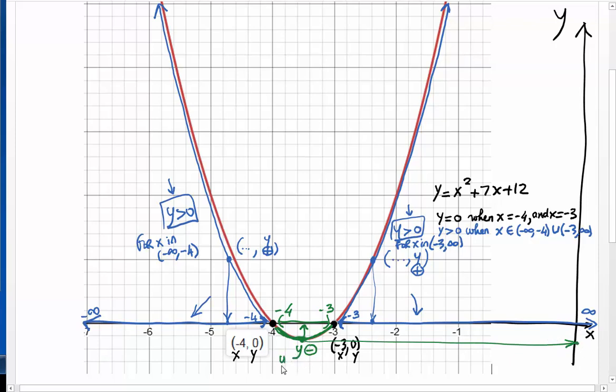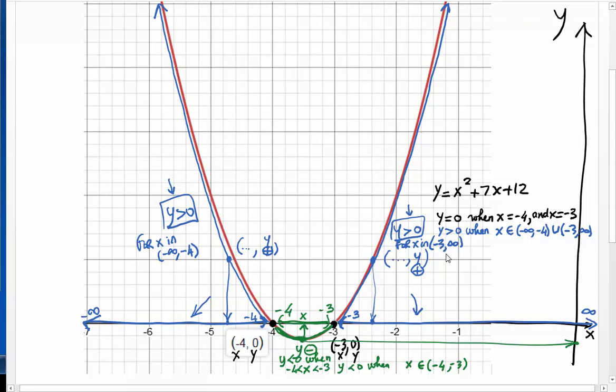So y is negative when x is sandwiched between -4 and -3. So when x belongs to that interval. So y is negative in the green portion of the graph when x is an element of the interval -4, -3.